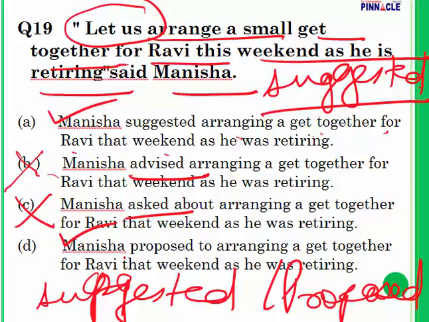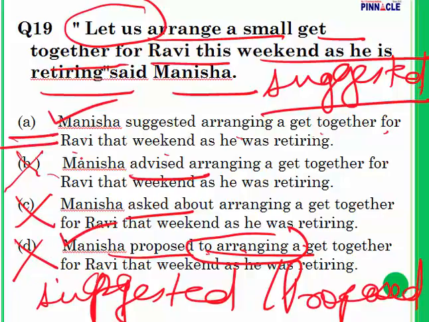And in part D, let us take a look. Manisha proposed to arranging. After to, we always have the first form of the verb. Here I have used arranging. So part D gets eliminated. And if part D gets eliminated, I have to go with option A. My answer is A.